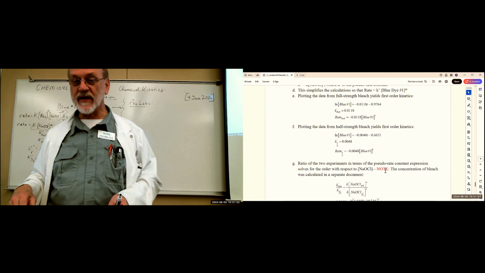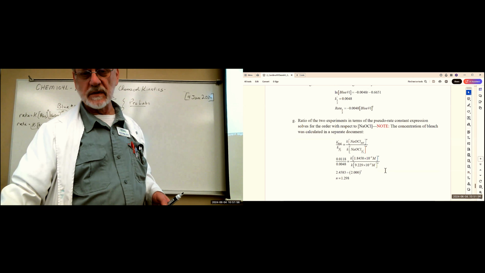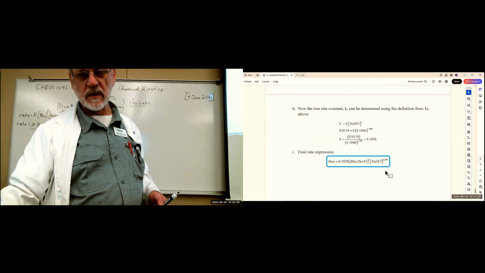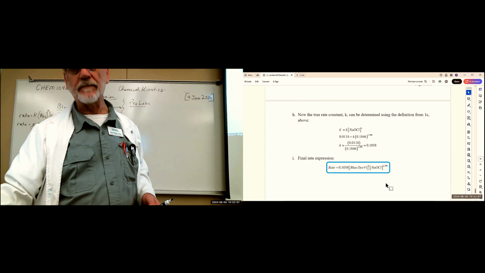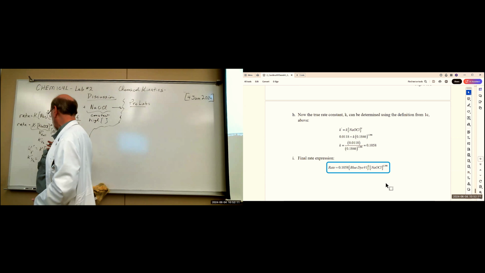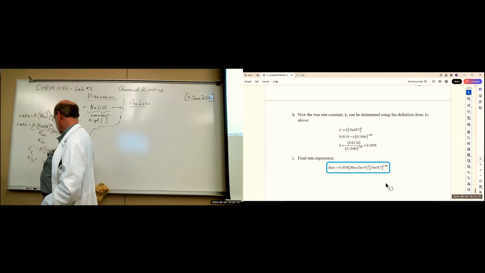And once you have the M value, then you can take either one of these and say, we know what that is. We know what this is.